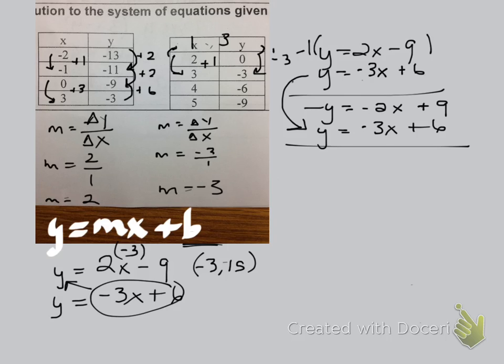Now, I'm going to solve by elimination. Negative y plus y is 0. Negative 2 minus 3 is negative 5x. Just adding, right? So 9 plus 6 is plus 15.